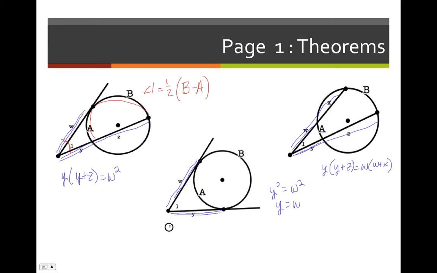Here, the measure of angle 1 is again 1/2 the big arc minus the little one. So it's the same exact rule for each one. So angle 1 equals 1/2 the difference of the big arc minus the little arc.